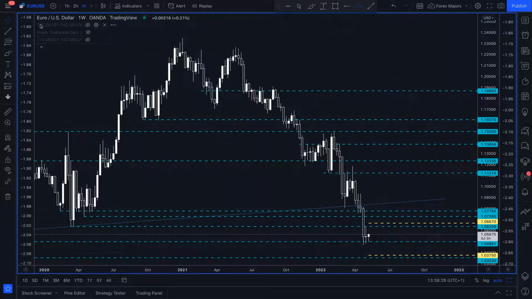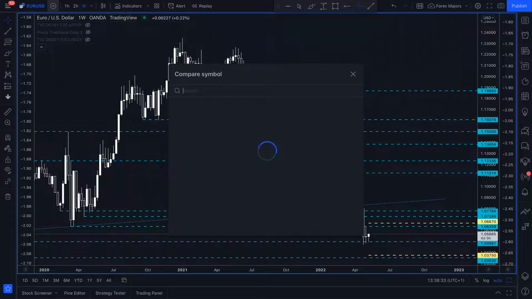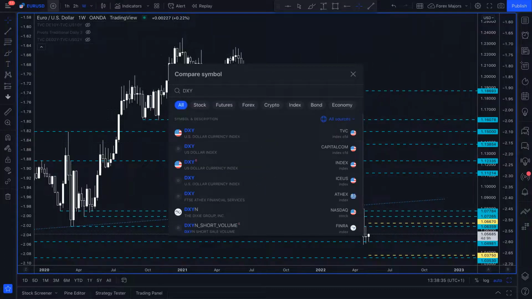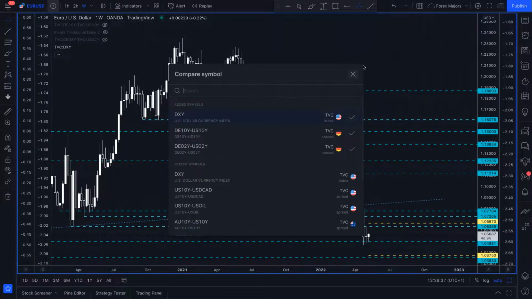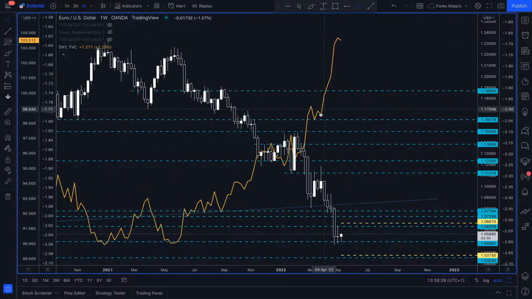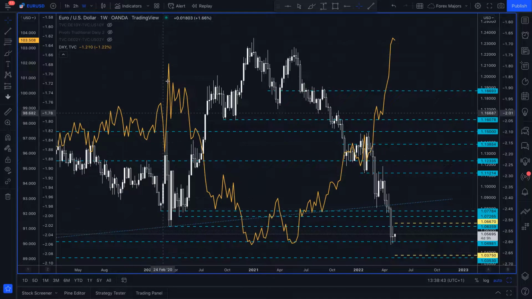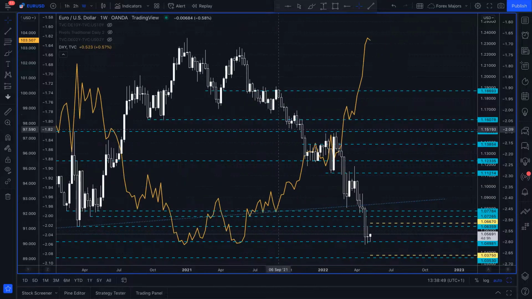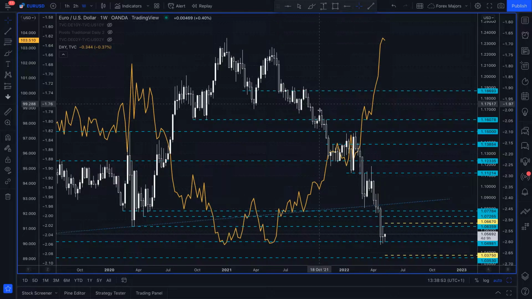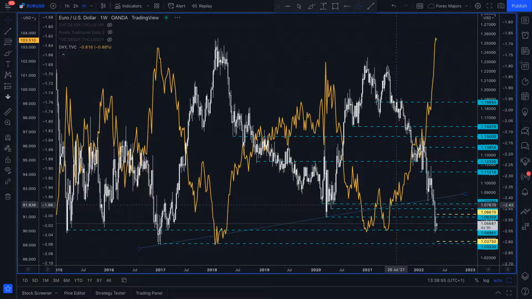But if you look at the dollar index, you will see a very clear relationship. There's a massive inverse relationship between the dollar index and the euro-US dollar. When the dollar index rises, the euro-US dollar falls. When the dollar index falls, the euro-US dollar rises. So the rise in the dollar index has been pushing the euro-US dollar lower.